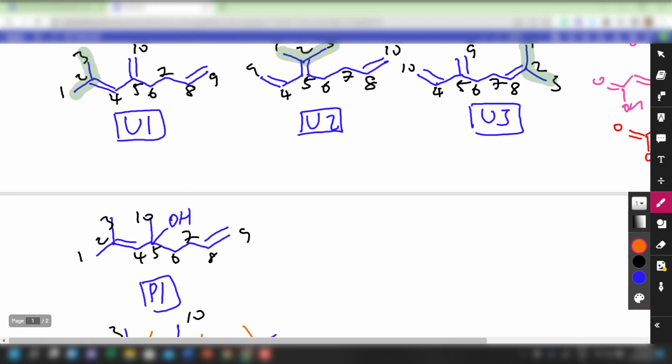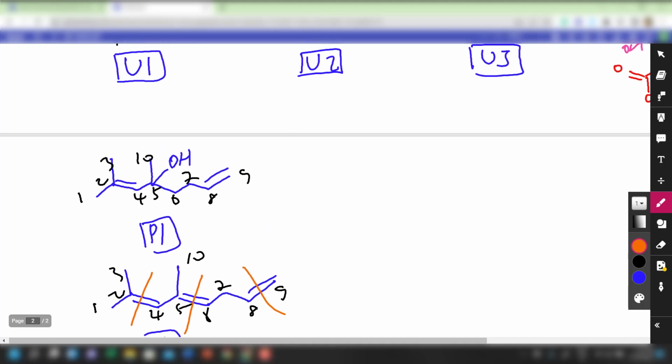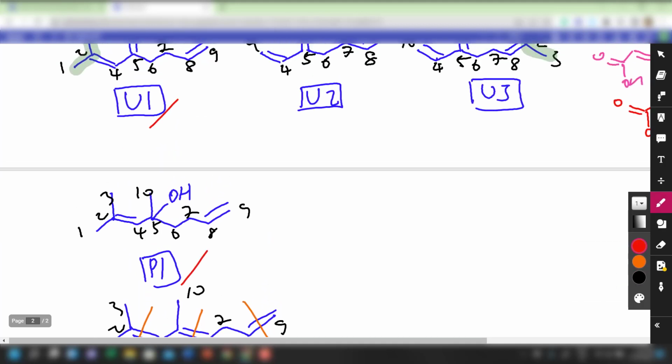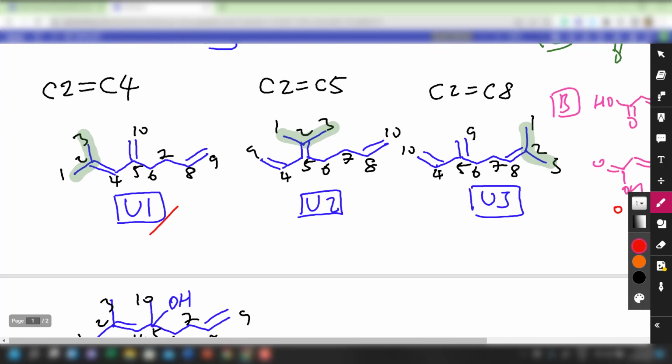Therefore, U1 is one potential structure for U, and of course, it's linked to T1 and P1. So this will be one of the answers I'm going to quote and draw at the end of the day.